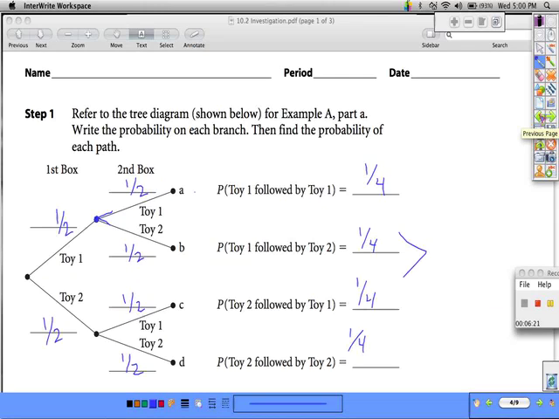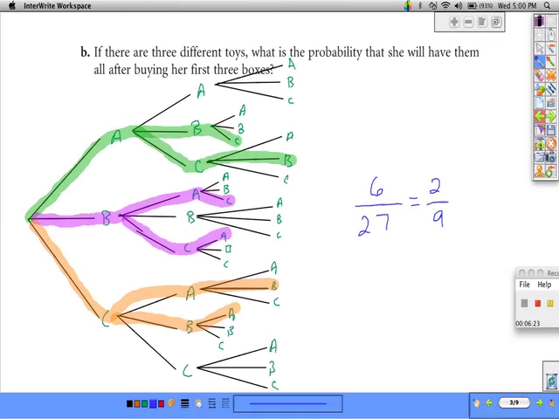So if I go back to the tree diagram that I made here, when I open the first box, it's 1/3 for getting each toy as its probability. And when I open the second box, the probability is 1/3. When I open the third one, the probability is 1/3.